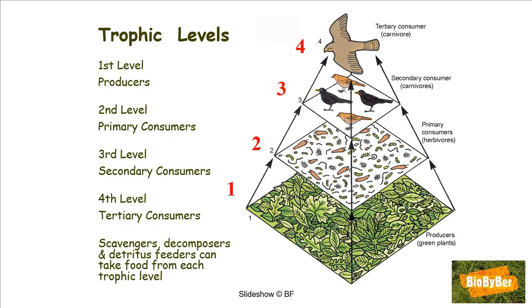A trophic level is a feeding stage in a food chain. The first organism in a food chain occupies the first trophic level. The first trophic level is always occupied by a producer or a plant.